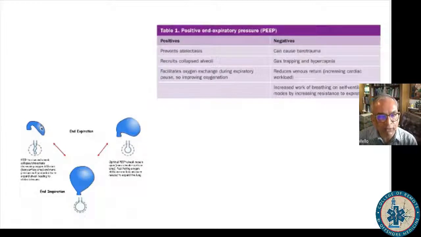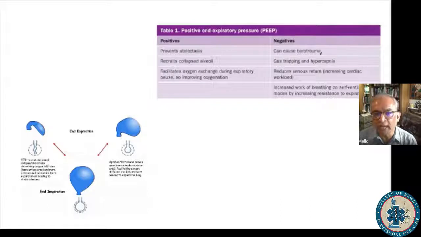And this alveolar recruitment improves the oxygenation as you've got more surface area for oxygen to diffuse across. So the good side of having PEEP is that it prevents atelectasis, recruits collapsed alveoli, and improves oxygenation.